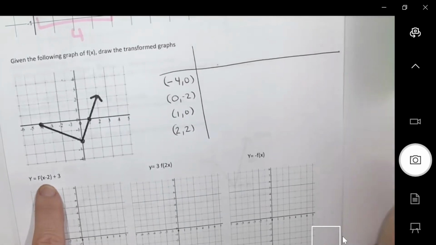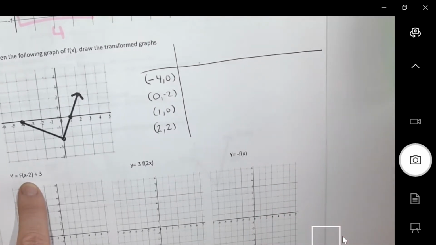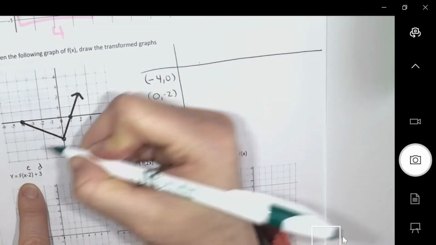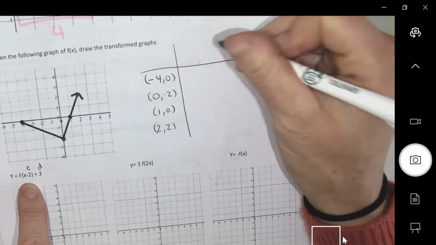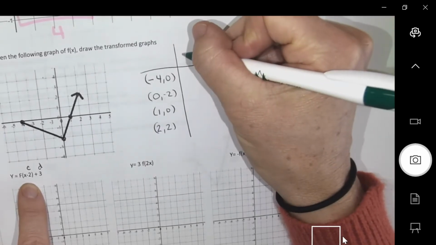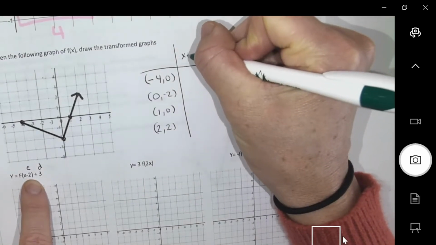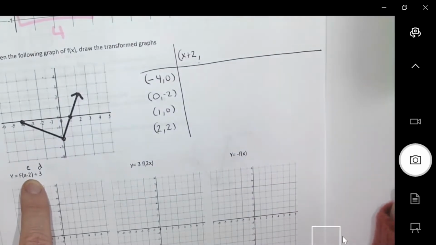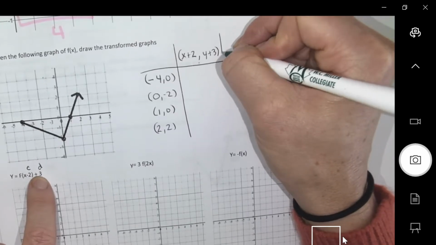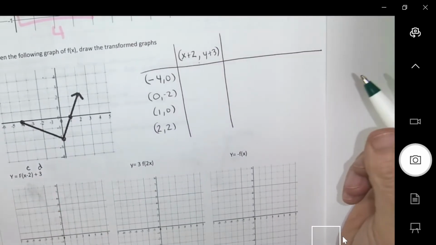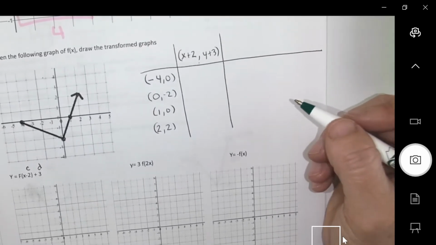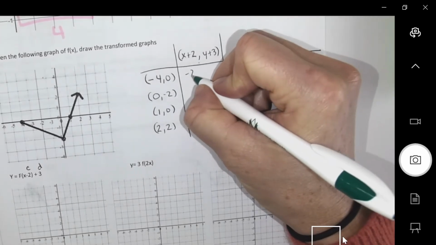Okay, graph number 1, what do you have for letters? You have a C and a D. So what is your formula going to have in it? Your equation will have to go x plus 2, opposite, and you're going to have to do a y plus 3. Okay, ready? Put all the x's through. That's the fastest way to do it. Say add 2 to every x.